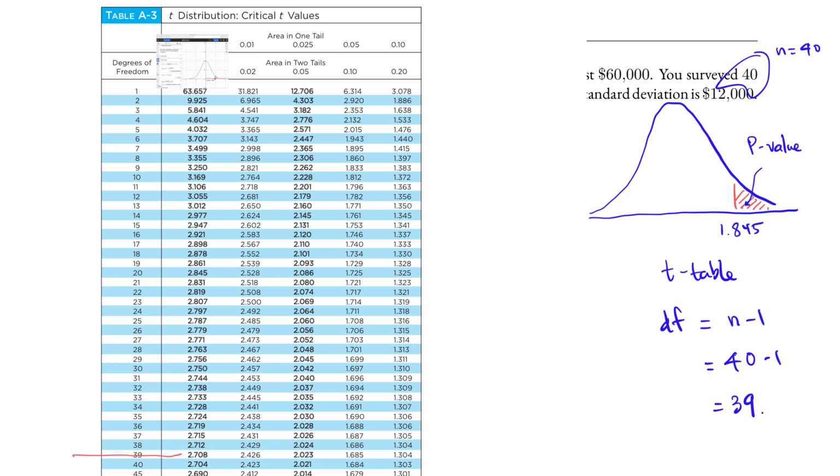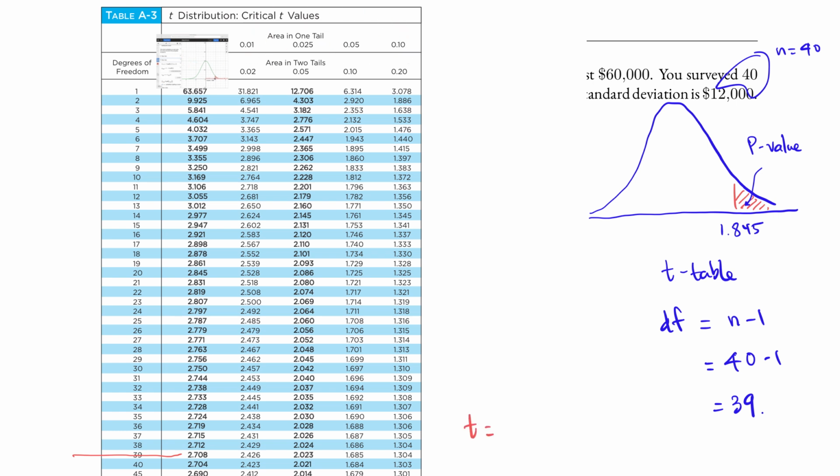In some cases, we might not find the exact degree of freedom. We would need to round it to the closest degree of freedom. Observe that the test is the right tail test, so this is the one tail test, and so we would need to obtain the corresponding p-value in the one tail section.